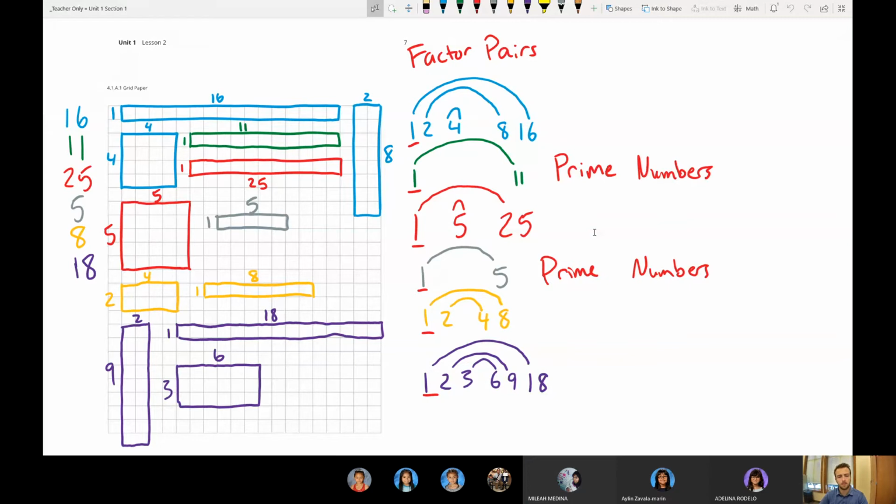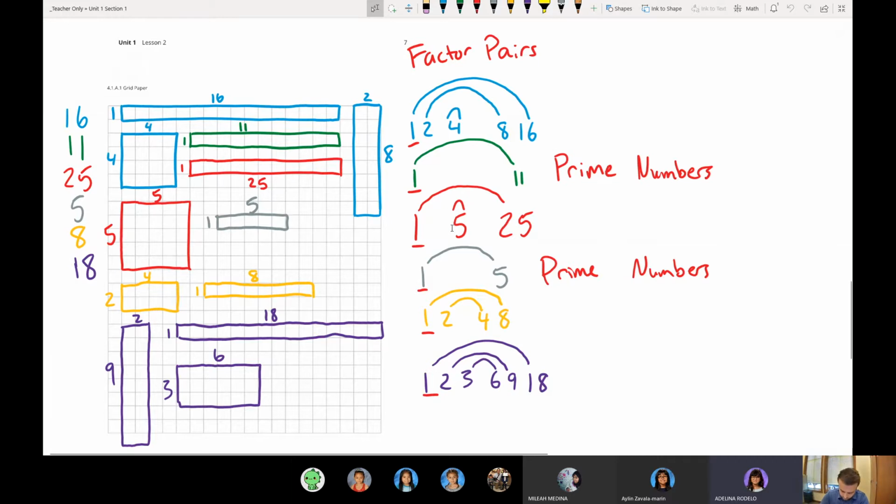Adelina? 25 only has 1 factor pair. Okay. What about for the whole? So 1 and 25, yes, that is 1 factor pair. But what about 5 in the middle? That's another option, isn't it? 5 times 5.